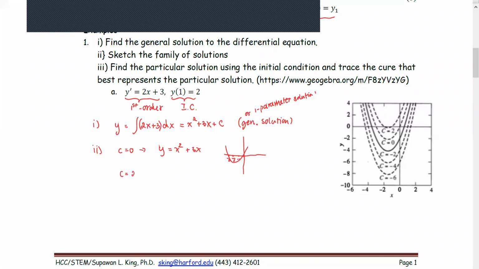For c equals 2, y equals x squared plus 3x plus 2. If you factor quickly, we have x plus 2 and x plus 1, which tells us about the parabola having the intercepts at negative 1 and negative 2.